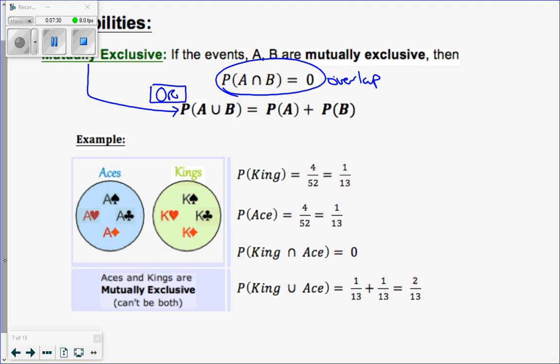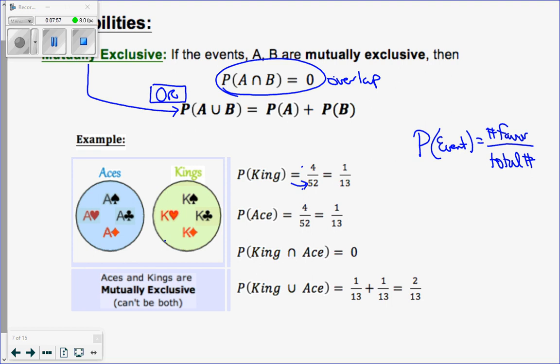Remember, there's 52 cards in the deck. So that's the total number. Remember, for probability, it's the number of favorable, so in other words, what you want to have happen, over the total number. So how many kings are there in a deck? 4. Out of a total of how many cards? 52.